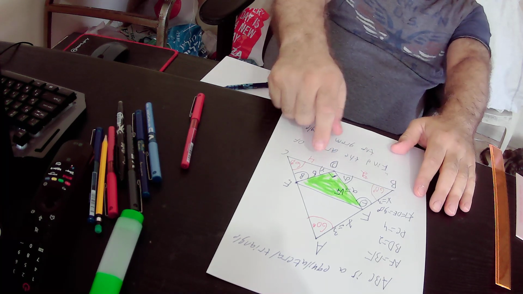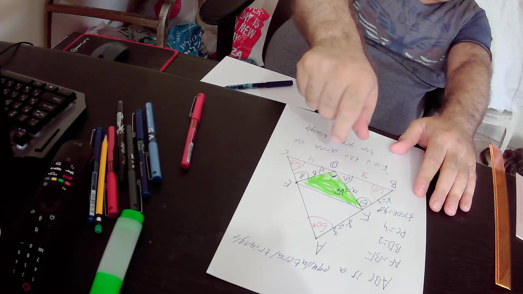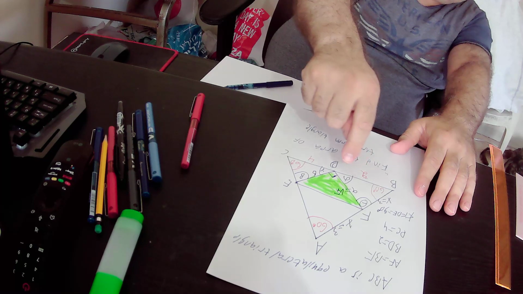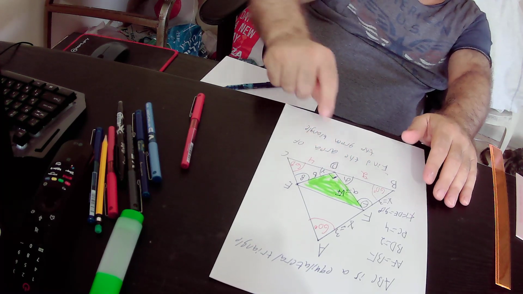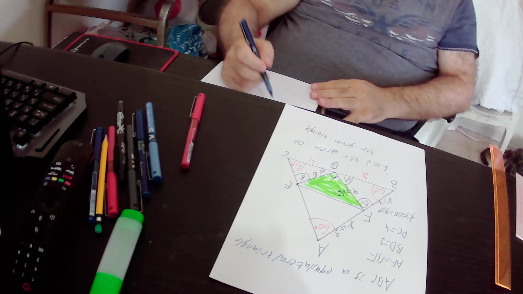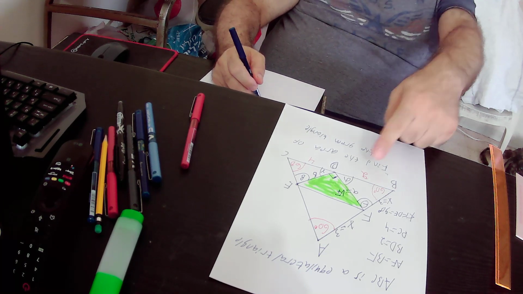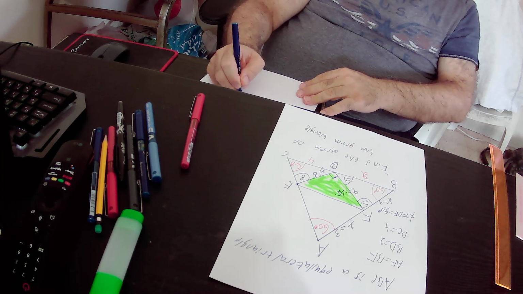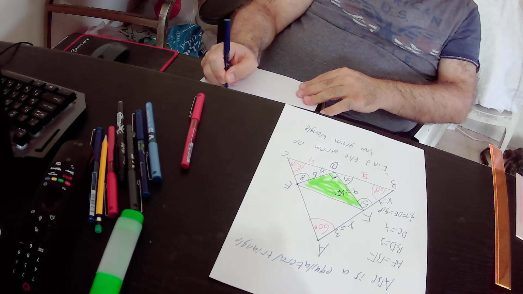So the sum of the angles on the upper side of side BC will be equal to 180 degrees. That is to say, alpha plus 90 degrees plus gamma will be equal to 180 degrees. So I will write it down that alpha plus 90 degrees plus gamma equals 180 degrees.